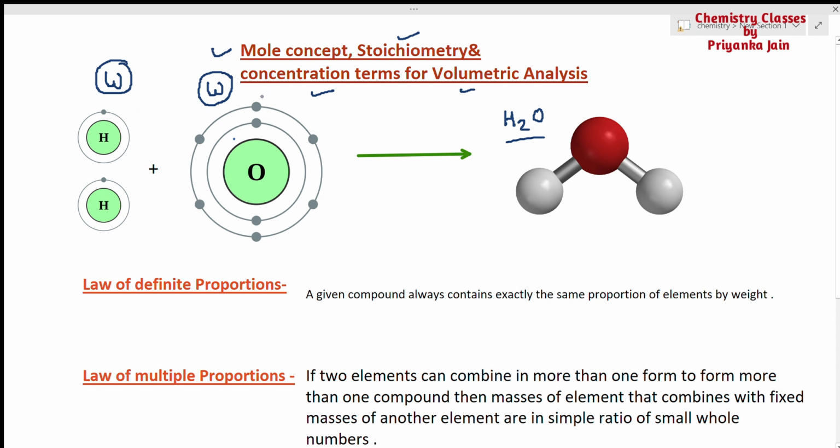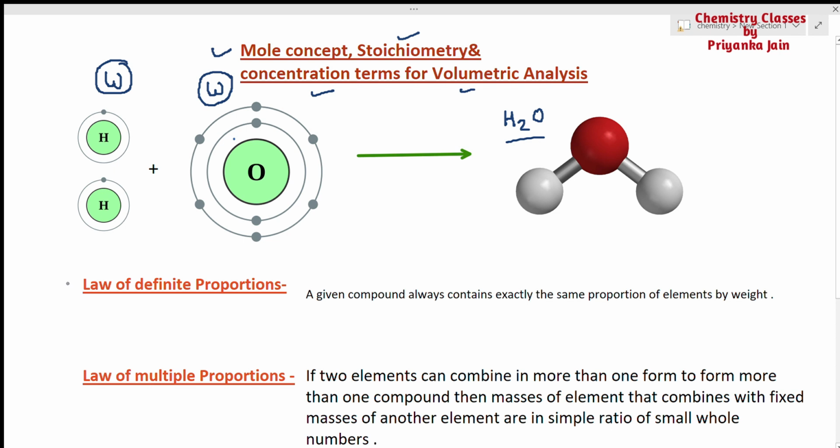So we cannot count the atoms, it will take a long time, and we need the number of molecules. So how is the reaction proceeding? For this we need the mole concept, and several laws were given before the mole concept.